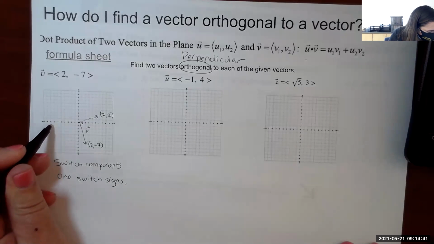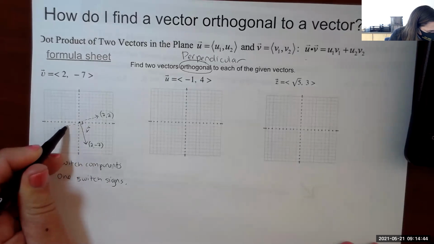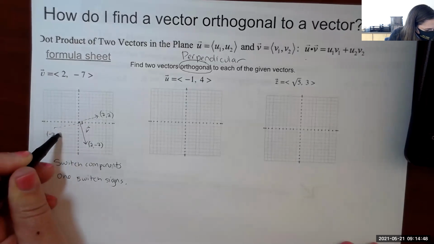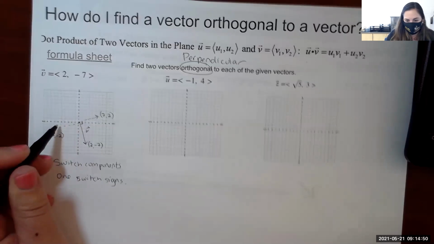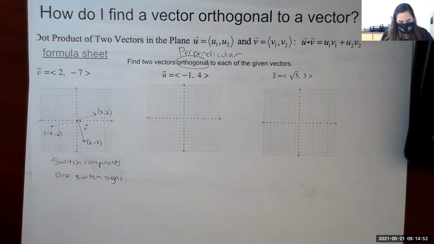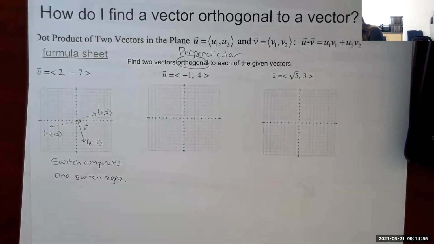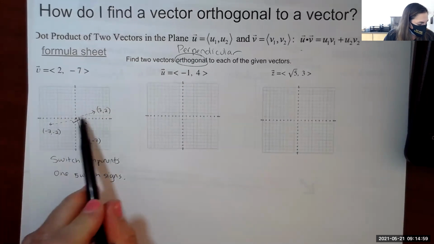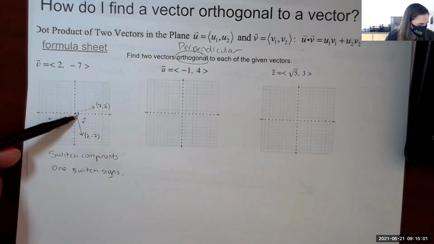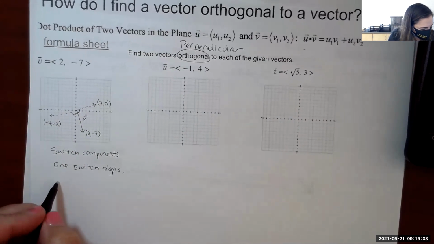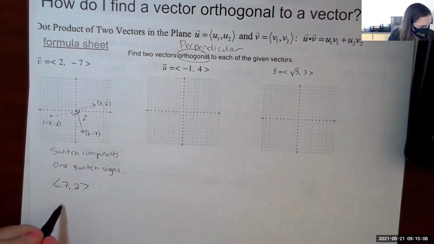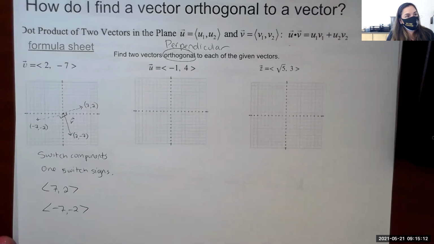And then another one would appear at -7, -2. So those are the two vectors that are perfectly orthogonal to the original vector, right? One vector we would find in the direction of 7, 2, and the other one would be in the direction of -7, -2.